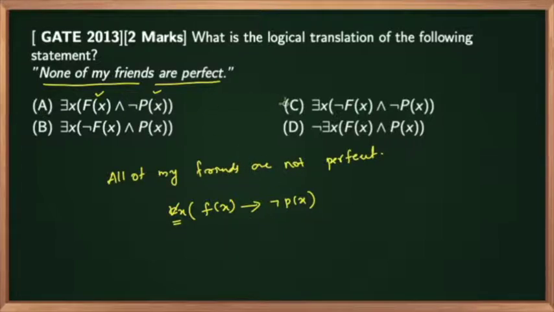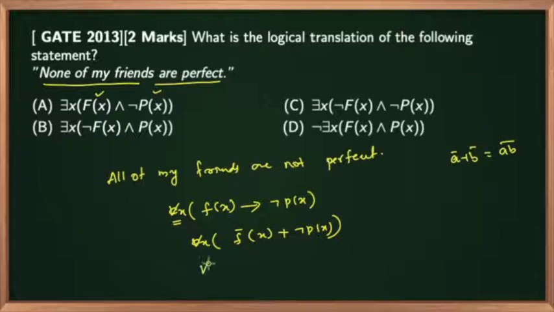So I have to find out here. If I see the choices, everything is there exists an x, so maybe I will see what it is. Here I have F of x implies not P of x, that will be equal to F complement of x plus not P of x. I know that a bar plus b bar will be equal to (ab) all bar.